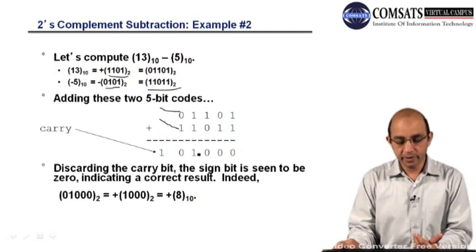We will add those numbers, and what normally we do, we ignore the carry. So 0 is indicating that this is positive, so the resultant has to be positive, and we have to ignore this carry. So this is 8, right?